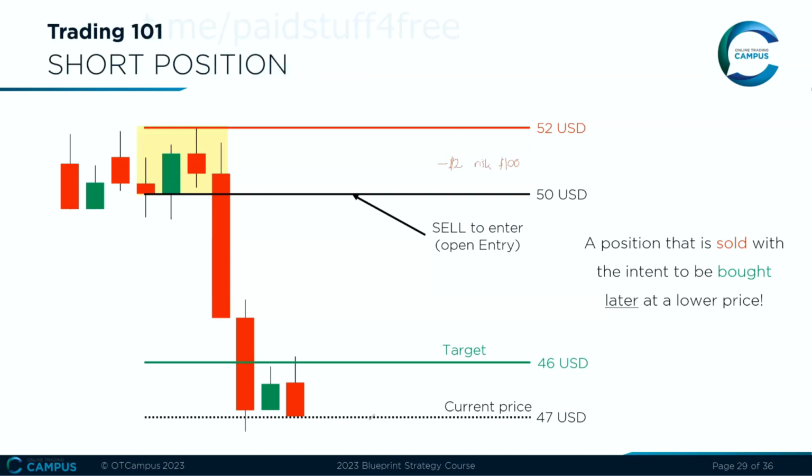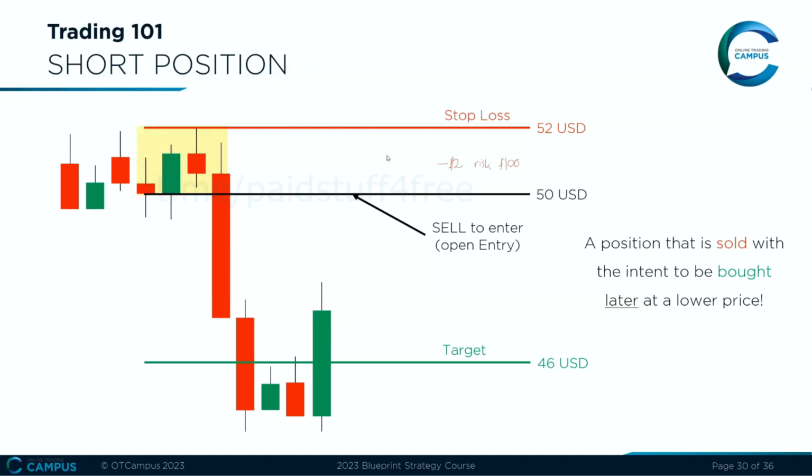So notice current price is still down here. So what's going to happen now is we can see that price is slowly creeping up. So far, nothing has happened yet, right? We still have our entry, we have our stop loss, and we now also have placed our target here, and our target would be plus $4, right?